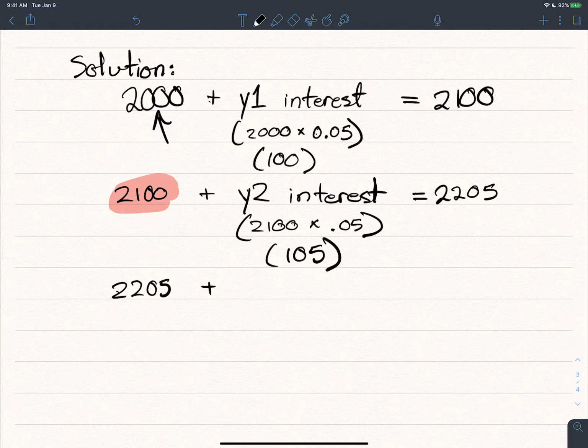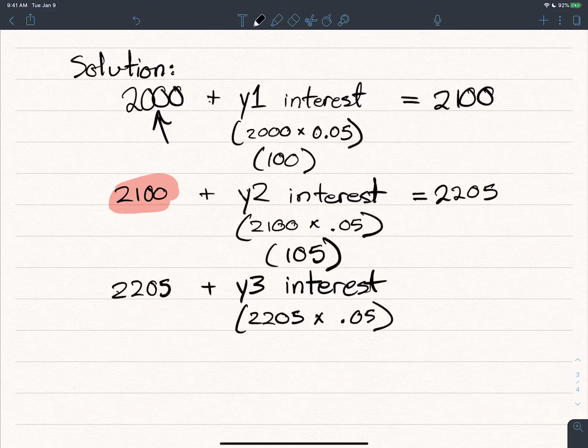Tanae says, nope. It's not $105 because we have to recalculate your interest for the year. We're not going to base it on what you owed previously. This time for year three, we need a whole new interest amount. $2,205 times 0.05.